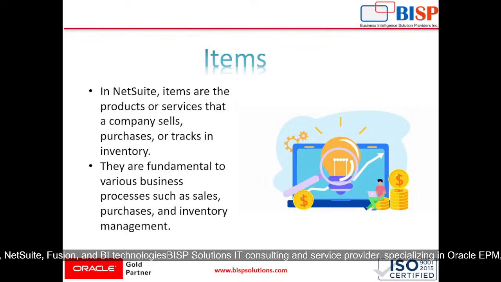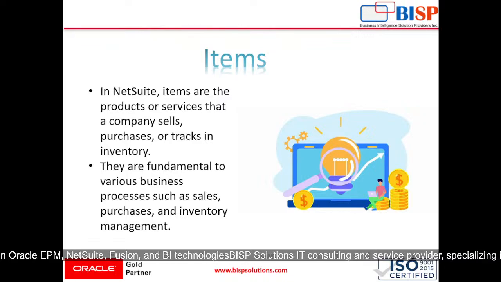Then items in NetSuite are the products or services that a company sells, purchases, or tracks in inventory. They are fundamental to various business processes such as sales, purchases and inventory management. Items can be categorized into different types based on their nature and usage.